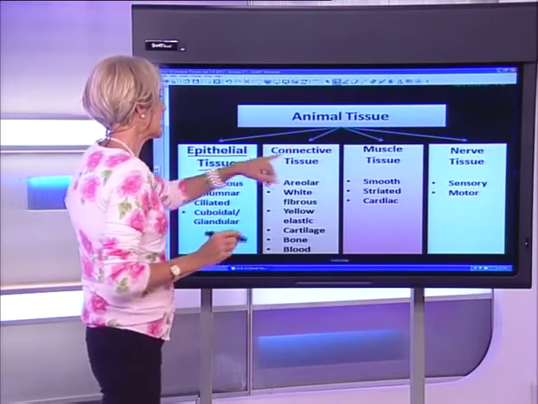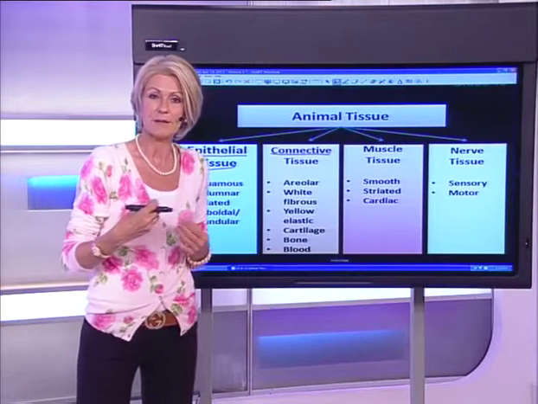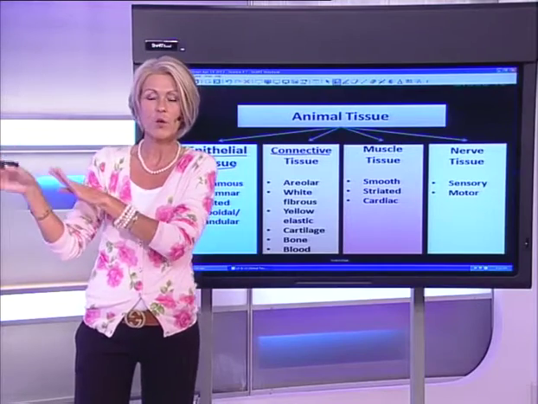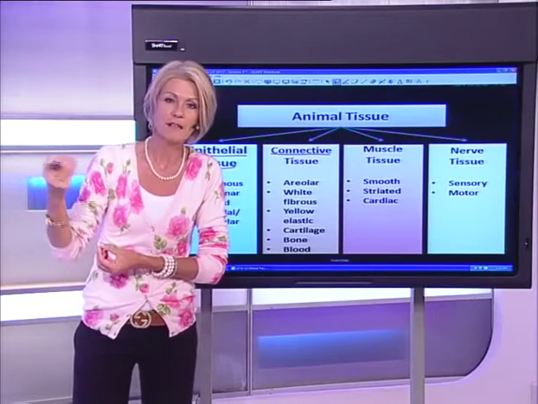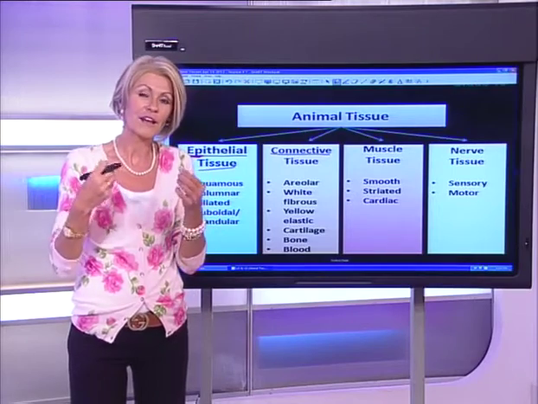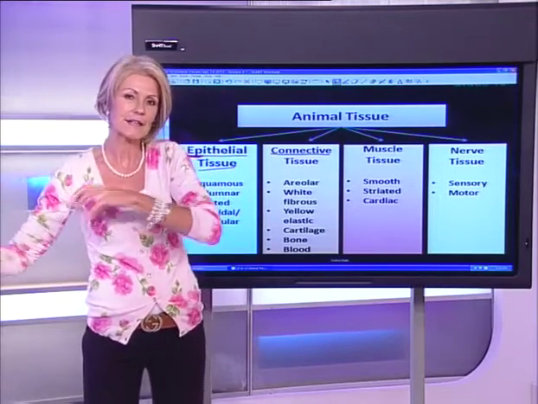Then we look at connective tissue. So epithelium is always lining. It's the top layer. Connective, well, we have what we call connectivity. And you at the moment are hopefully posting questions to Indy on Facebook. You can only do that if you have connectivity, which means you are connected.